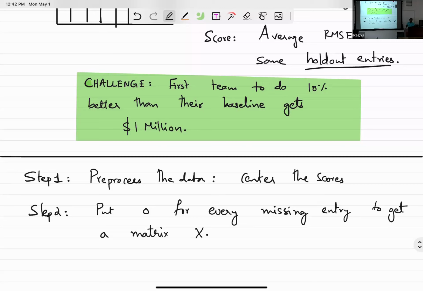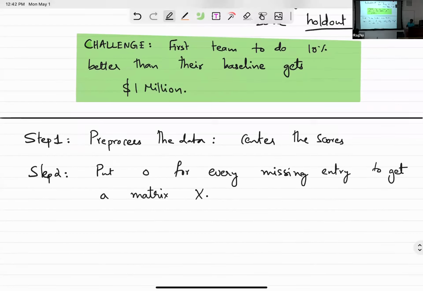The stars are now gone. You have actual numerical values. But by putting zeros, you potentially made it much more complicated than the true matrix, right?